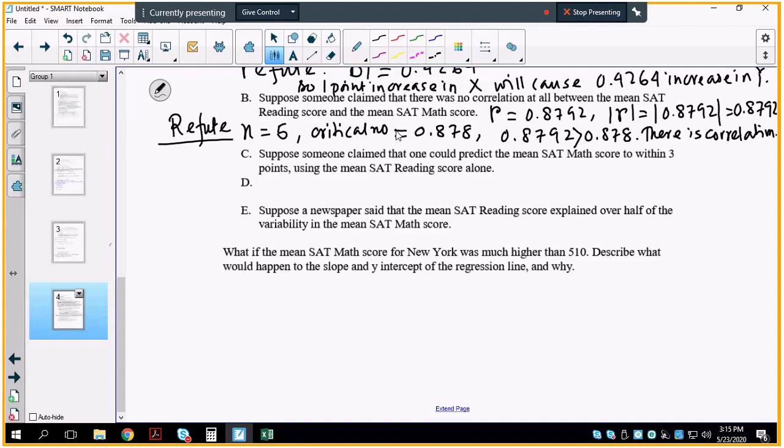Suppose someone claimed that one could predict the mean SAT math score to within 3 points using the mean SAT reading score. So the margin of error, someone is saying, is less than 3, within 3. So I will just say small s, as per this claim, is less than 3. Is it good or not? Well, what was small s for this problem?